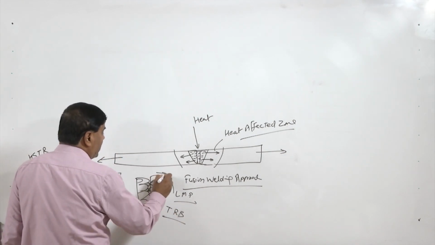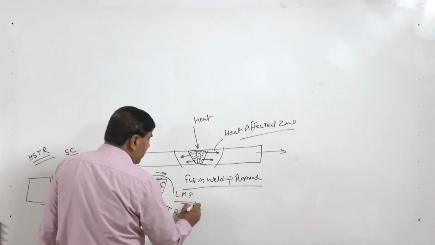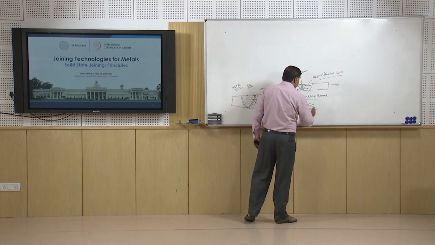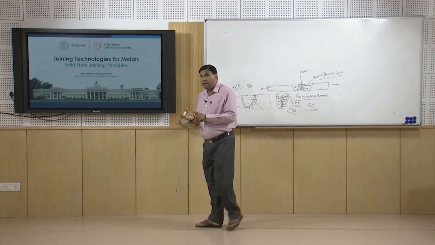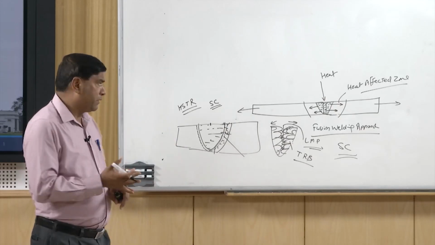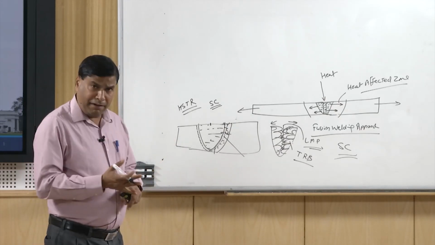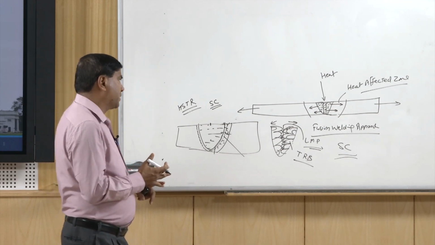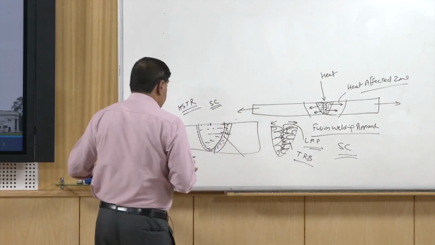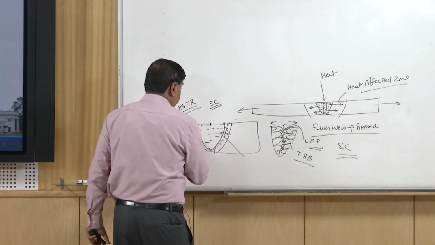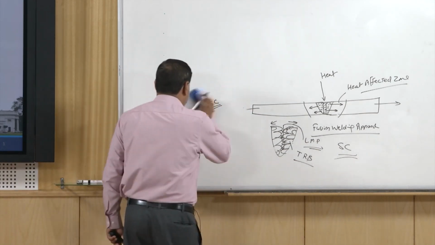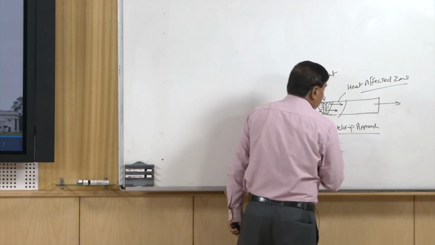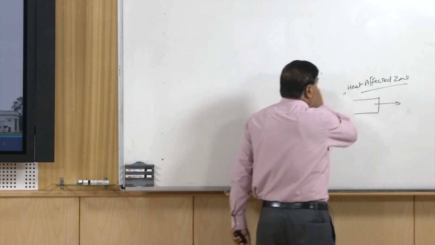So, the presence of tensile residual stresses and the low melting point phases together create the problem of solidification cracks. So, solidification cracking, liquefaction cracking, hardening and softening of the heat affected zone, grain refinement and lower creep resistance of the base metal of the heat affected zone, porosity and inclusions, all these are associated with fusion welded joints.